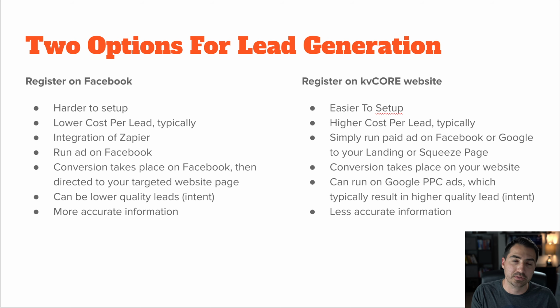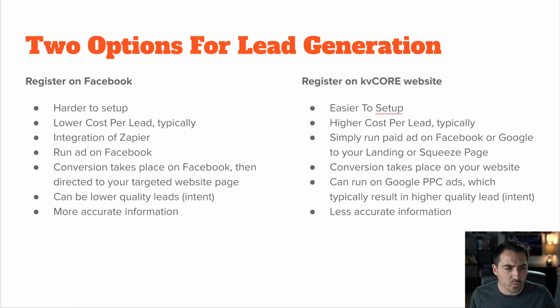Your ad pops up for the top 10 homes in 78258, and they click it. They go to your squeeze page where they can see some of these homes, and then they have to be force registered. That is a much different intent. So typically you're going to find a little higher quality but less volume doing the second part, which is where they would register on your kvCORE website versus Facebook.